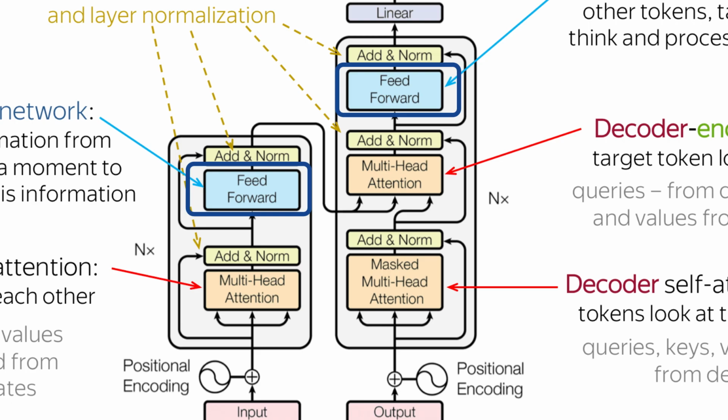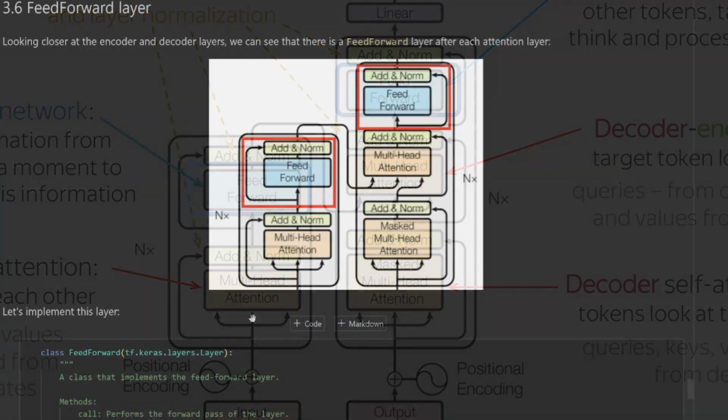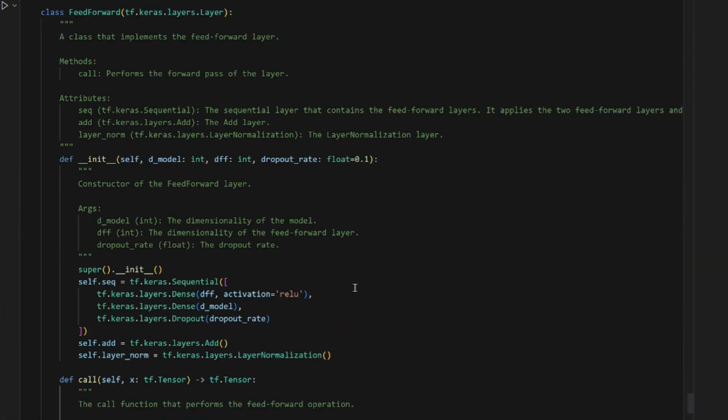This layer is primarily used to transform the representation of the input sequence into a more suitable form for the task at hand. This is achieved by applying a linear transformation followed by a non-linear activation function. And the output of this layer has the same shape as the input, which is then added to the original input.